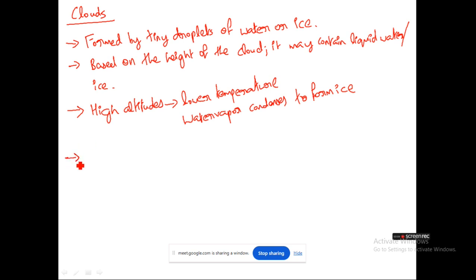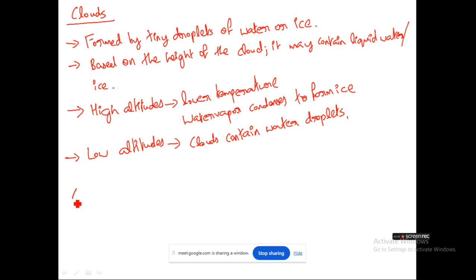Whereas clouds that generally form at low altitudes contain water droplets. So the composition of the cloud may vary: either it will contain only ice crystals if it is forming at very high altitudes, or only water droplets when it is forming at very low altitudes.